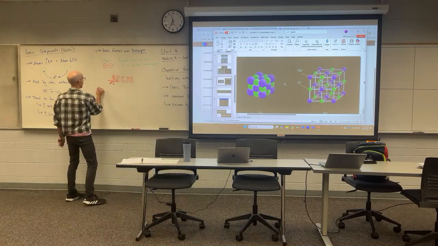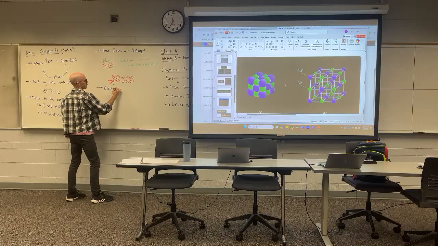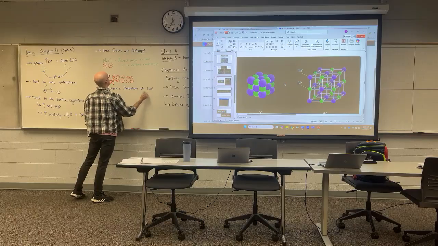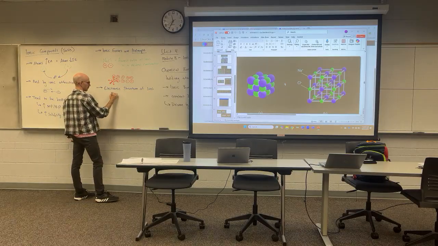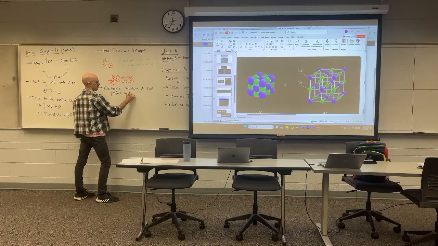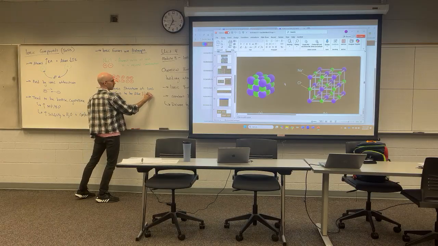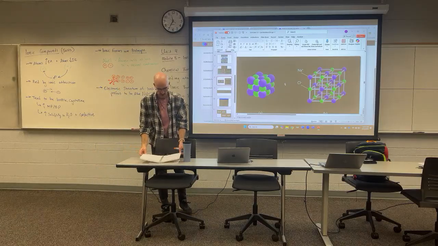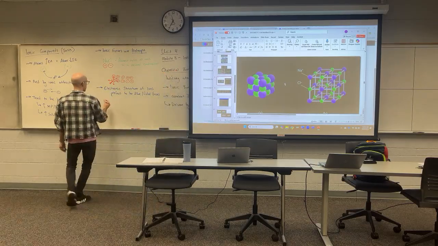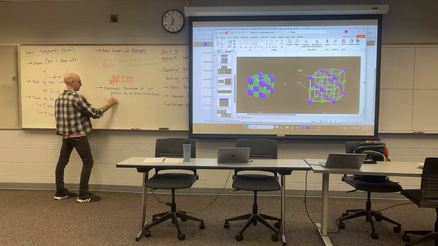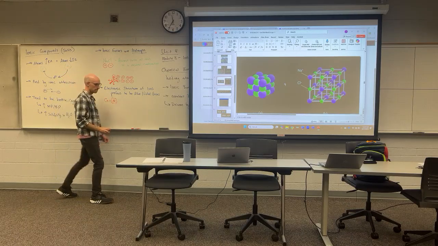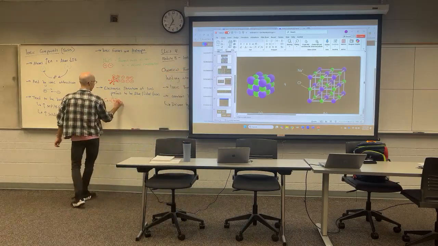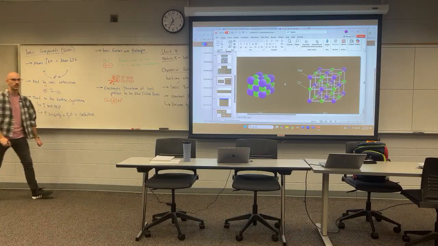This is something we've hinted at already, but the electronic structure of ions prefers to be like noble gases. So we know that calcium has an electron configuration of argon plus its 3s2 valence electrons.